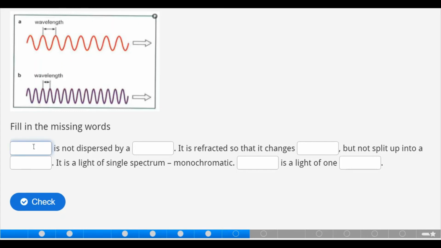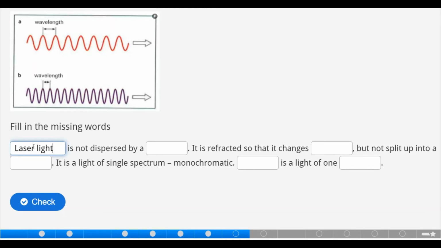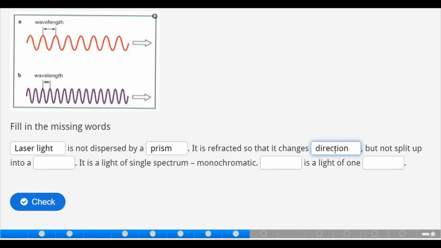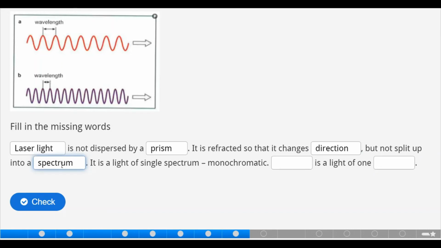Now, laser light is not dispersed by a prism. It is refracted so that it changes direction, but not split up into a spectrum.